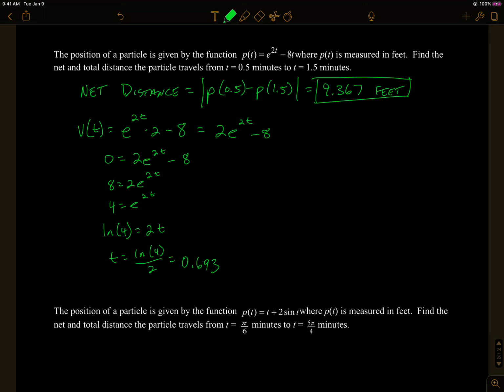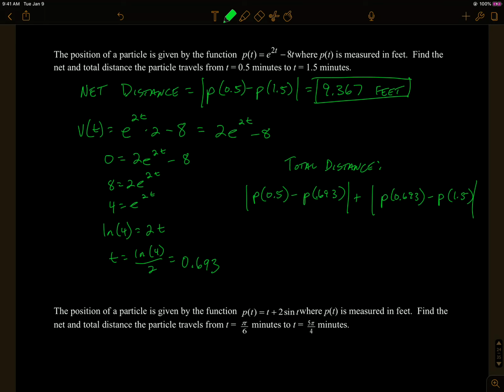So now the way we find total distance is we do the absolute value of the position when it started till when it turns around and changes direction, plus that spot where it changed direction to where it ends, because it only changes direction once, because there's only one 0 for the derivative where it switches.